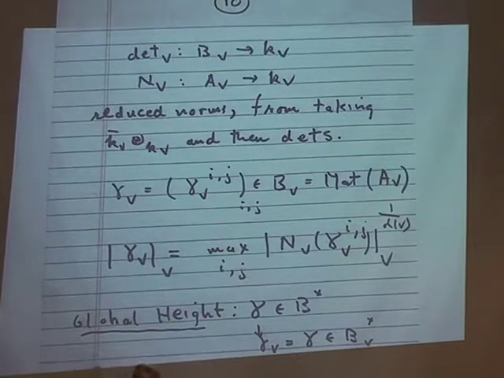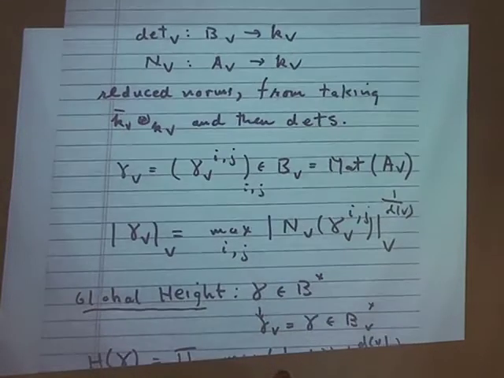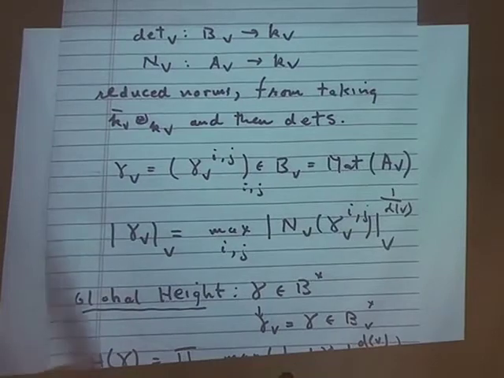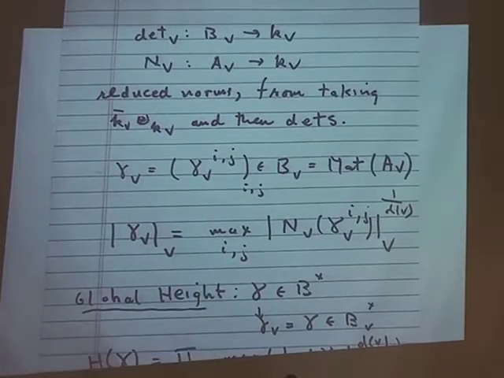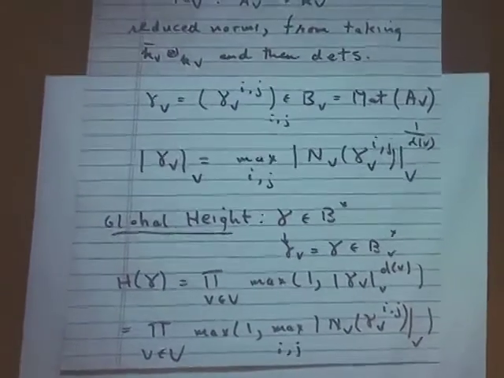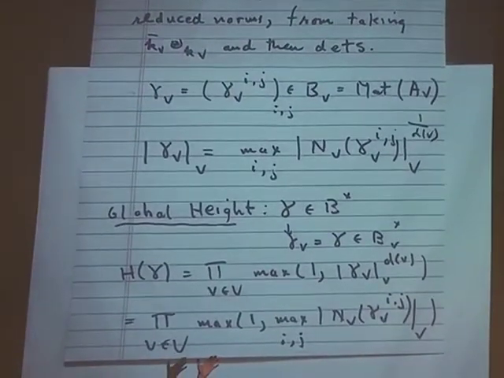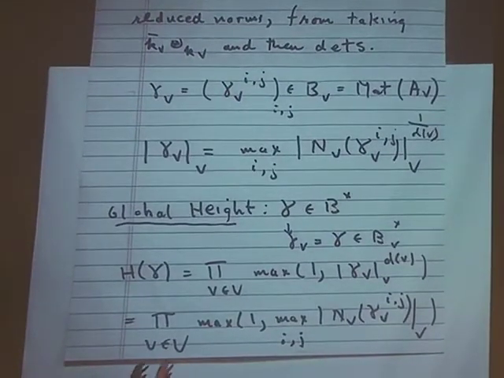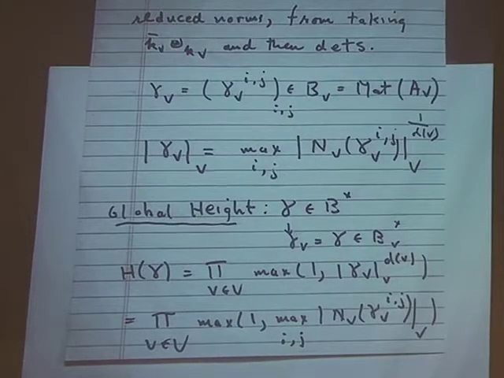And the global height, then, is just exactly like the formula before. If you take an element in the division algebra, it defines elements in each completion. And so you take a product over all the places of the maximal size of that element in the local completion. But you have to raise that back to the d_v power.